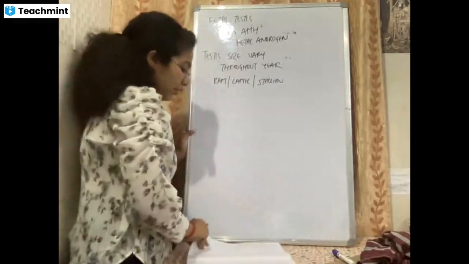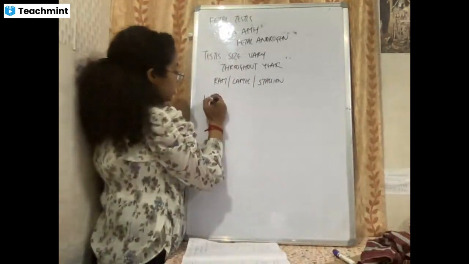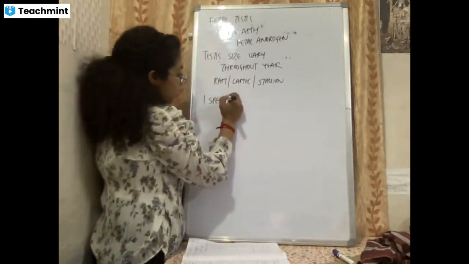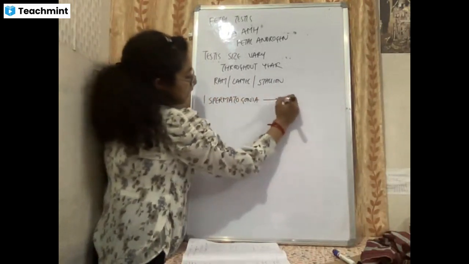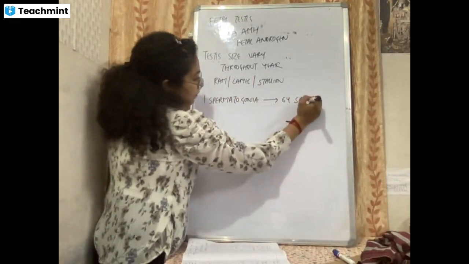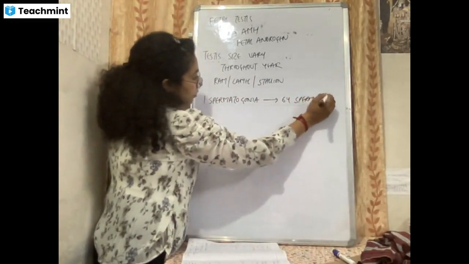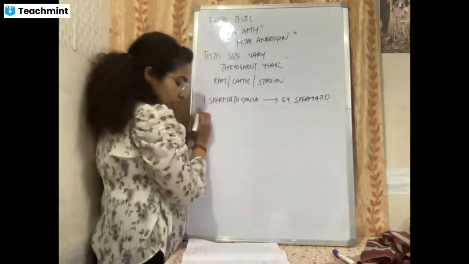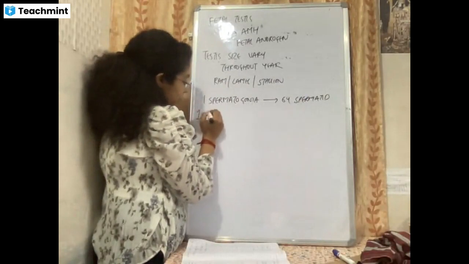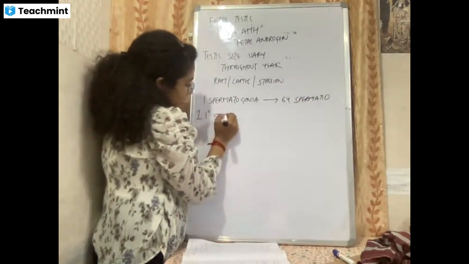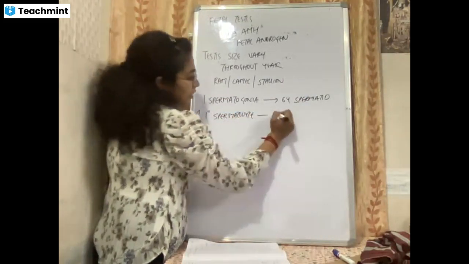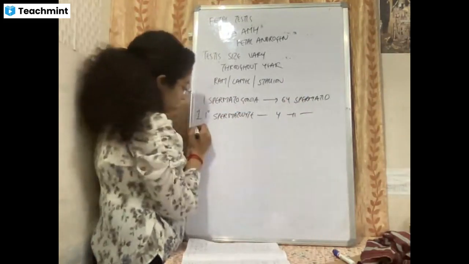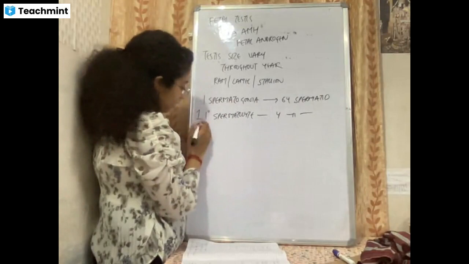Now we were studying spermatogenesis. So these questions are also asked: one spermatogonia gives rise to 64 spermatids. One primary spermatocyte will give rise to 4 spermatids.